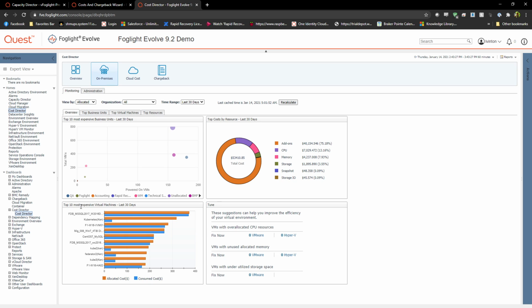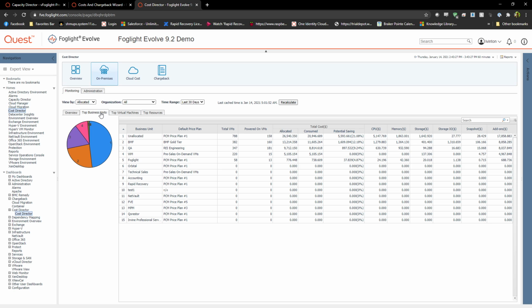I can see the 10 most expensive virtual machines in the last 30 days. And because you can divide up the VMs into different business units, sales, accounting, whatever, it really helps you say, development is using a lot of resources, so technically they're costing us the most compared to the other business units. So you can divide it up that way.